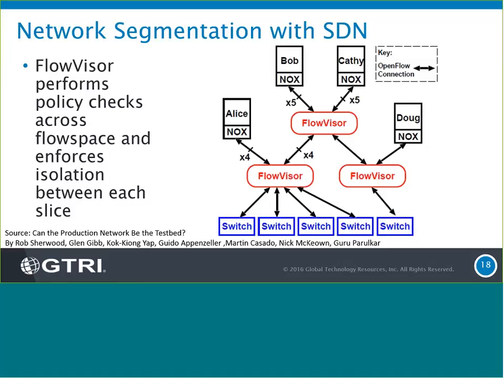So I've used two controllers, and then I use FlowVisor to allow each of those controllers to function for those different IP addresses on a common set of switches across an entire campus or a business. So I can have different controllers talking through this FlowVisor that brokers the southbound traffic to switches based on their slice. That's what FlowVisor does.